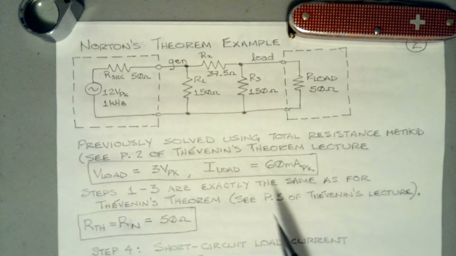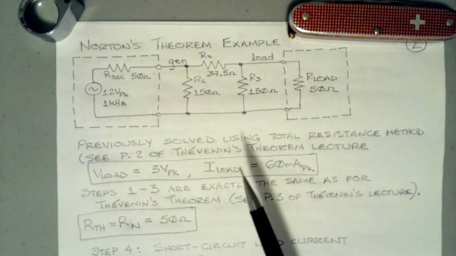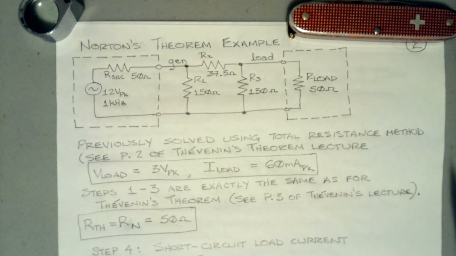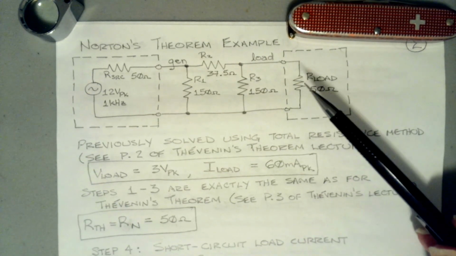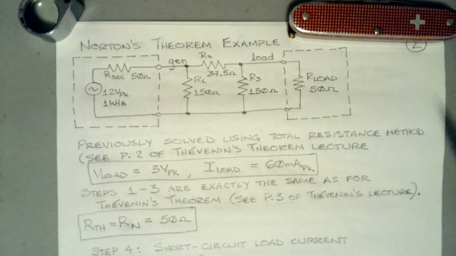You could do the total resistance method on this whole circuit as many times as you had different loads, or you could take the Thevenin equivalent and use the voltage divider method, or the Norton equivalent and use a current divider method, and get the answer more quickly and run off a bunch of answers. Now, we have simulators nowadays, and that's great, but one wants to be able to think about these things.